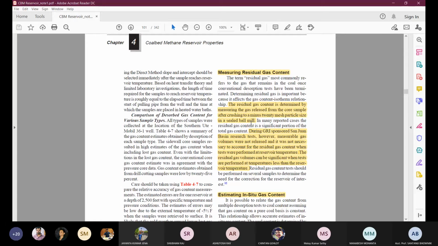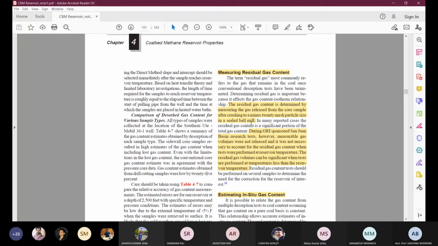Why? Because each particle is now exposed to the atmosphere, and the surrounding contact area is also increased. With that contact area the gas diffuses and comes to the open fracture system, and that's why you get the production.